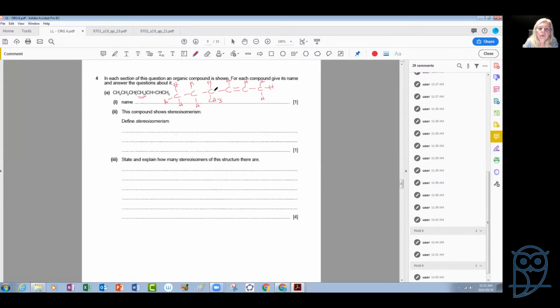So 1, 2, 3, 4, 5, 6 carbons in a chain. So obviously this comes from hexane somehow, but because of the double bond, it's a hexene. The side which is closer to the double bond is where we start counting: 1, 2, 3, 4, 5, 6. We have a constituent here, this methyl, which is at carbon number 4.